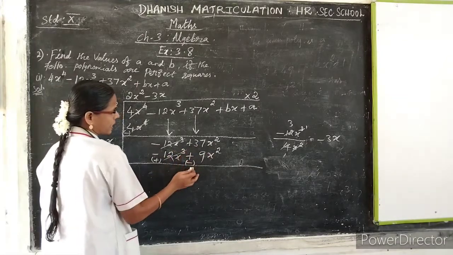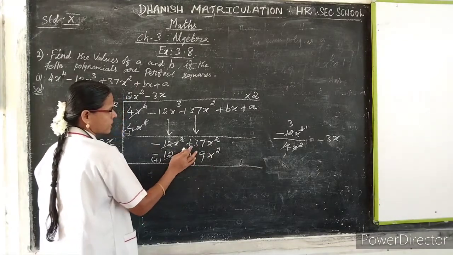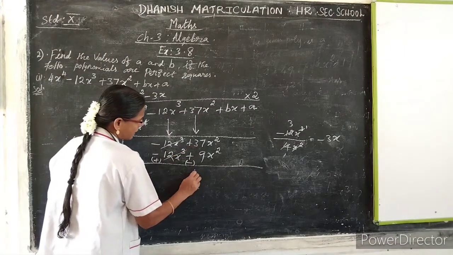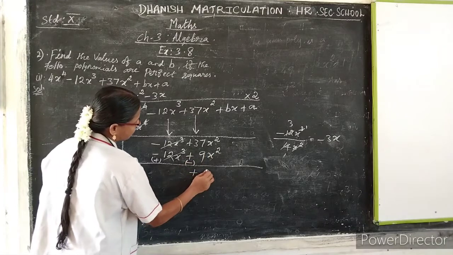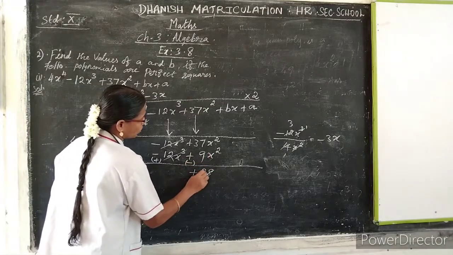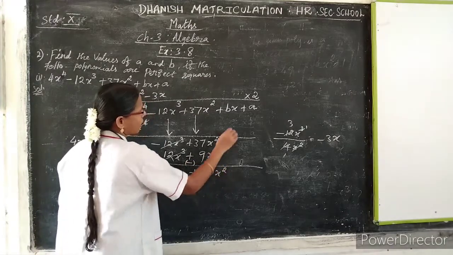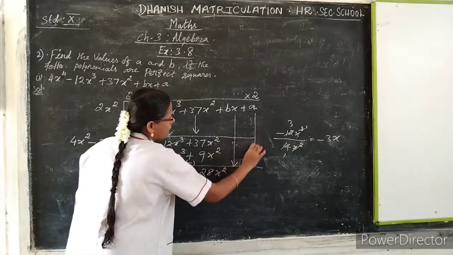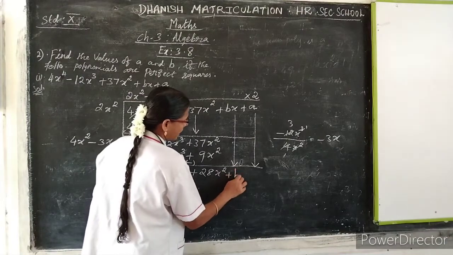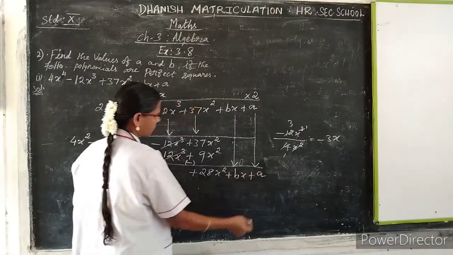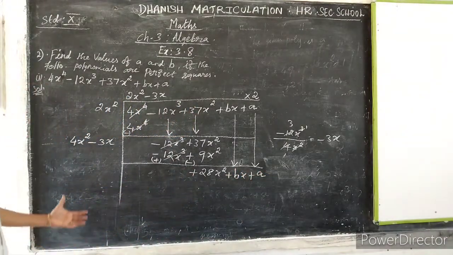Now 37x^2 minus 9x^2. This number is greater, so put the greater number's sign, plus. 37 minus 9 is 28x^2. Now write these two terms down: plus bx plus a. This is our new dividend.